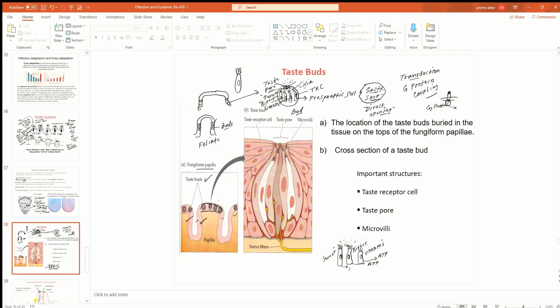These ATP have some kind of code inside them. Okay, and the ATP can do that. Do what? Can activate the nerve.